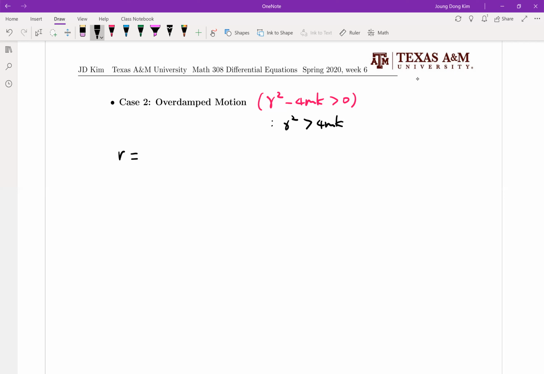Your r is equal to minus gamma over 2m plus and minus the square root of gamma square minus 4mk over 2m, okay?